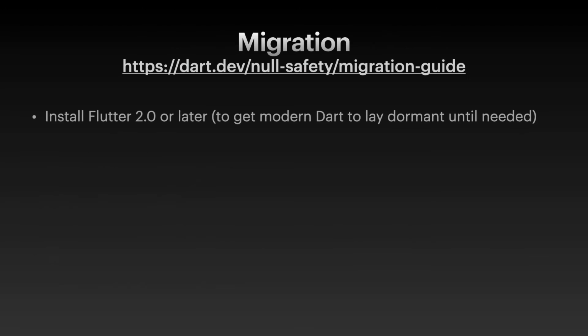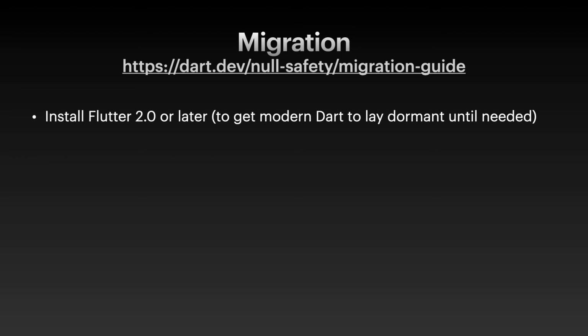Follow the roadmap. First thing you need to do is install Flutter 2.0 because you have to get the modern Dart to do some of the remaining steps. Now again, as I've said now 5 or 6 times, installing Flutter 2 does not mean your project is now running with Dart 2.12 with NNBD Dart.